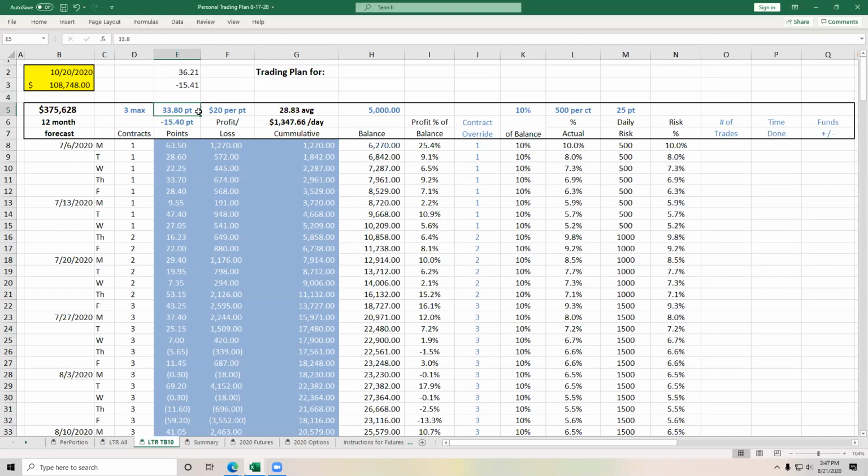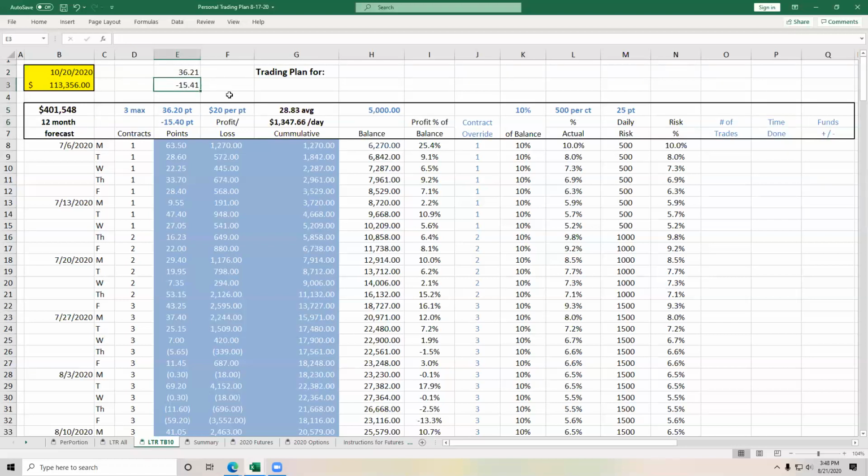We want it to be as reasonably close to our actual run rate as possible. So I'm going to change that from 33.8 to 36.2. And so 36.2 points per day is now planned for the remaining 45 weeks, 4 days a week.